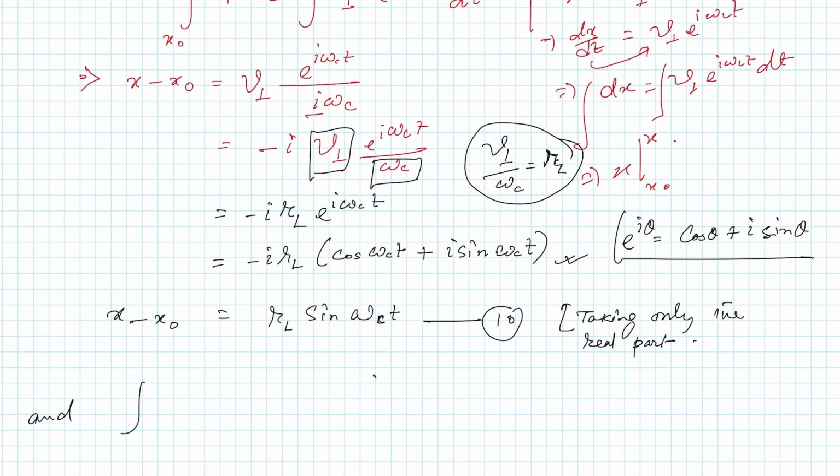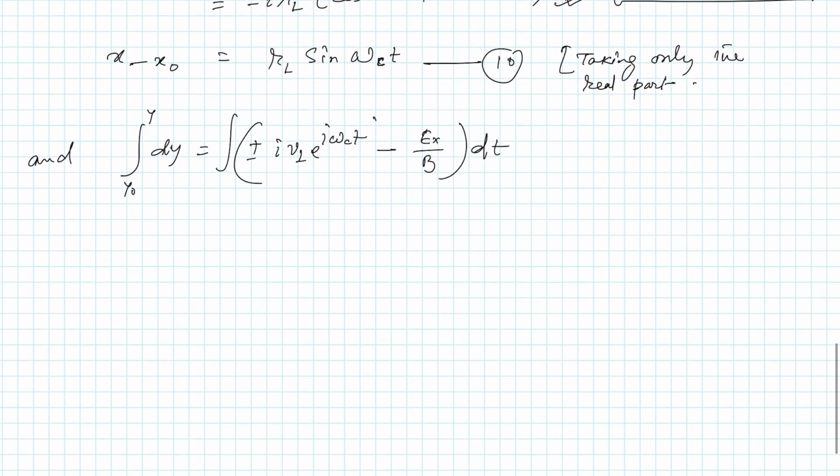Integration from y naught to y, dy is equal to the integration of plus minus i v perpendicular e to the power i omega c t minus E x by B, bracket close, dt.